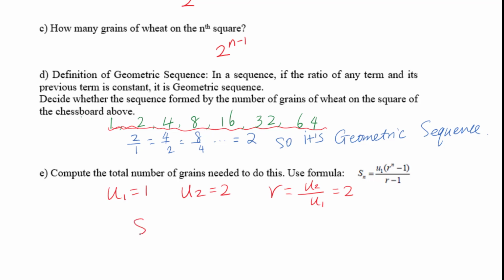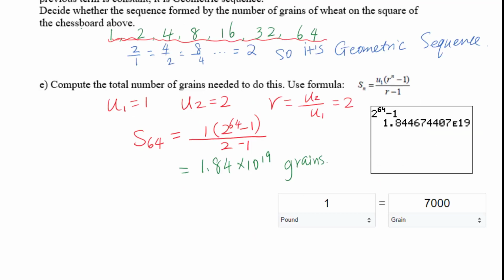And S sub 64 equals u sub 1, which is 1, times 2 to the 64th power minus 1 over 2 minus 1. Go to calculator. This commoner will receive 1.84 times 10 to the 19th power grains.